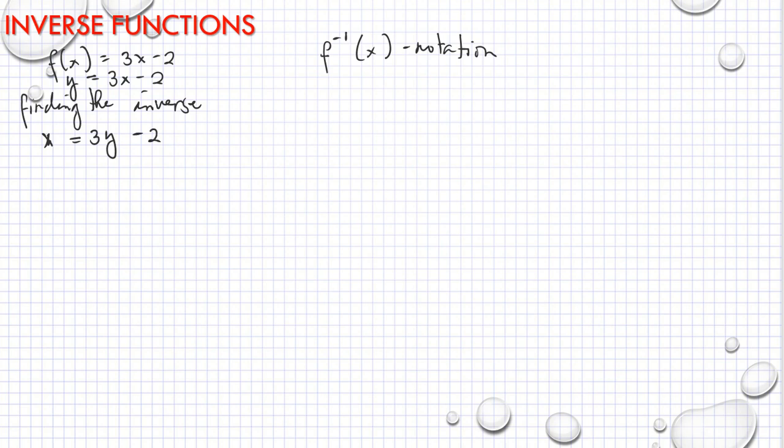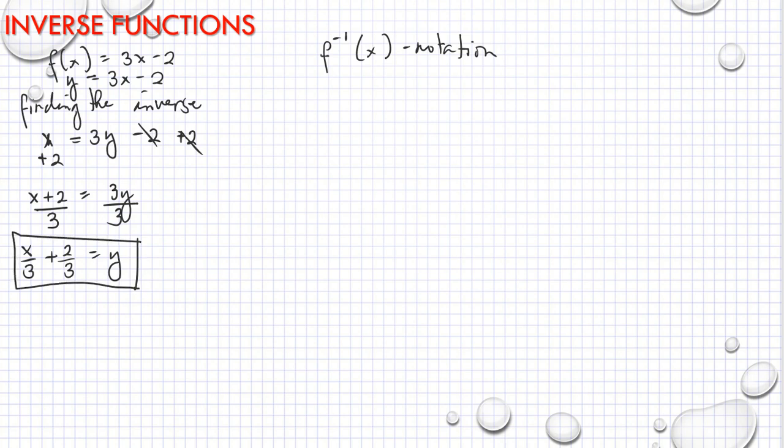Then I'm going to solve for y, or isolate y. If I add 2 to both sides of the equation, then I have x plus 2 is equal to 3y. If I divide both sides of the equation by 3, then I have x divided by 3 plus 2/3 is equal to y. This is now my inverse function.